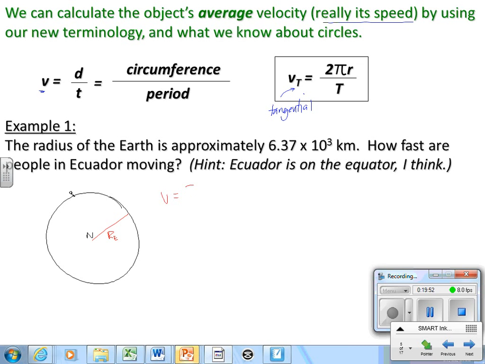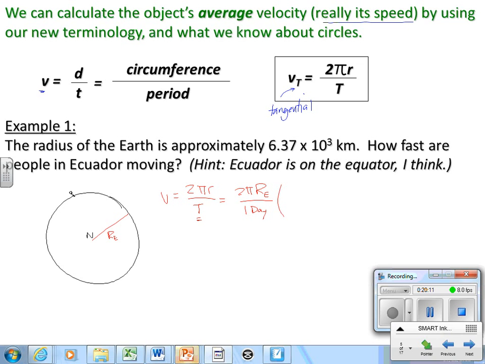Well, V is 2 pi r over t, or in this case, 2 pi radius of the Earth over t, the time it takes to go around once. Oh yeah, we call that a day. Let's do it in meters per second.